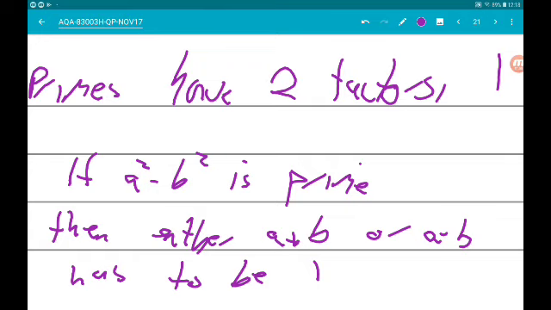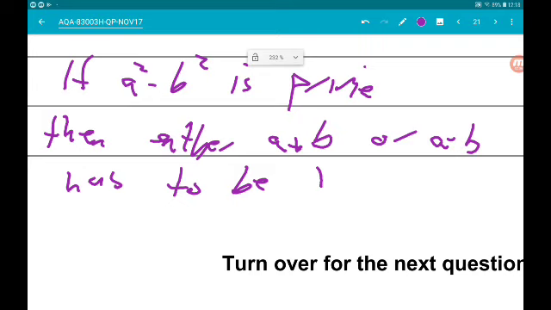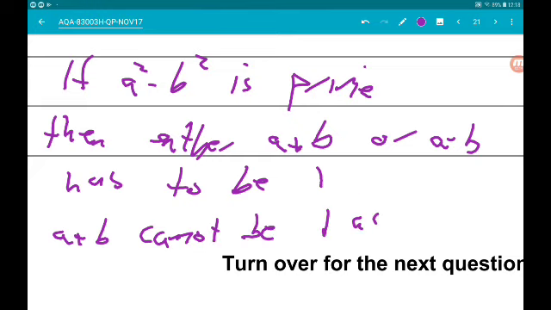Now we know that a and b are positive and a is bigger than b. So a plus b cannot be 1 as a is greater than b.